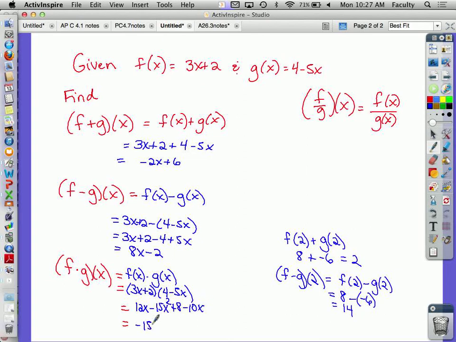So I'm getting negative 15x squared plus 2x plus 8. Did you guys get that?